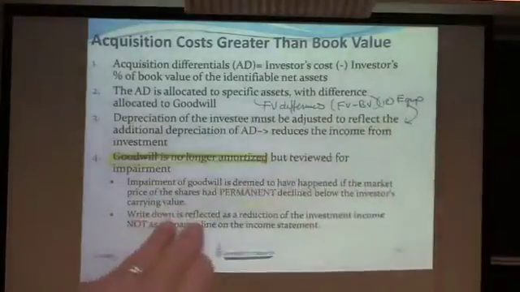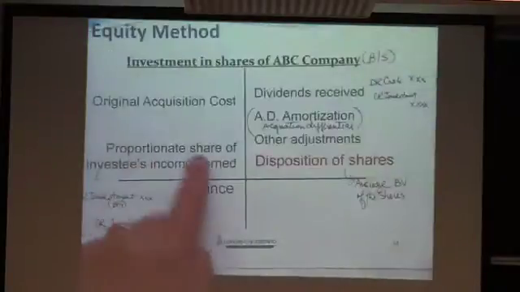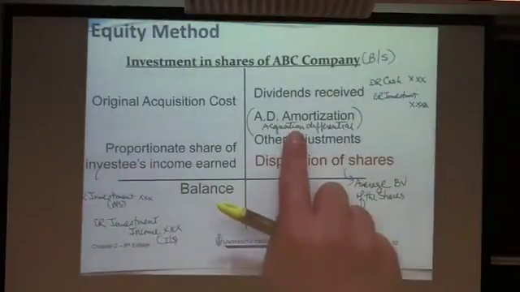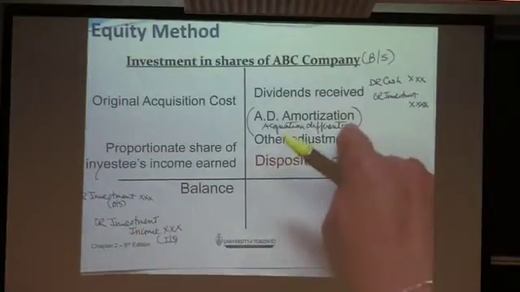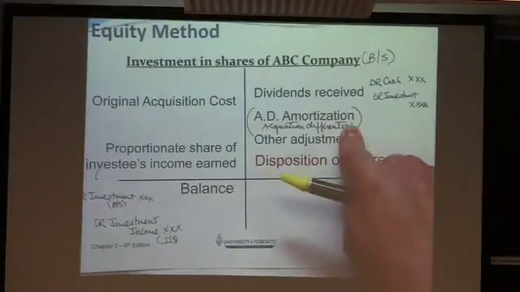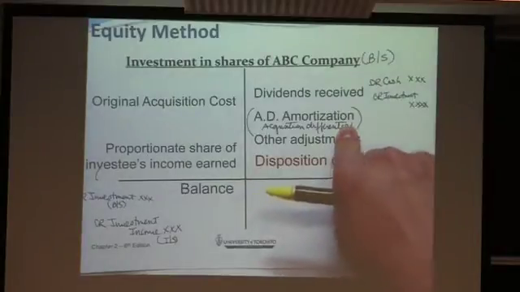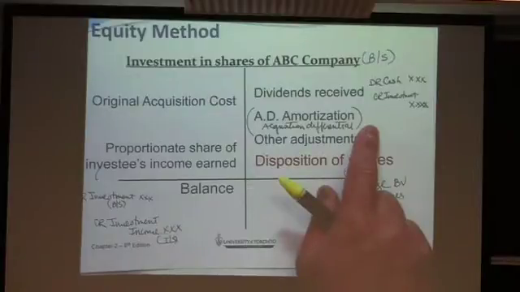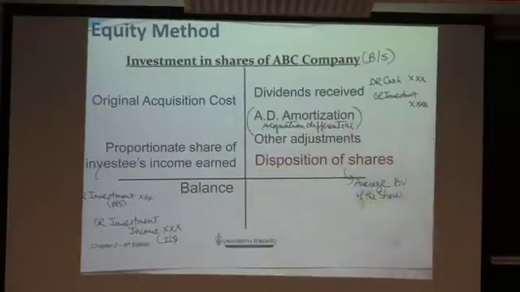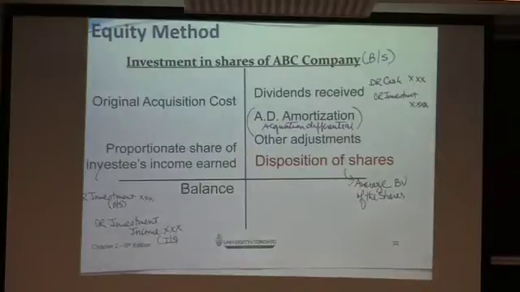So we need to know a little bit of this technical knowledge to be able to understand how we solve Pender. Acquisition differential amortization means that if the equipment's fair value was greater than book value when we purchase a significant influence position in that investment, then we're going to amortize the acquisition differential based on the remaining useful life, and we're going to offset it against the investee's income.